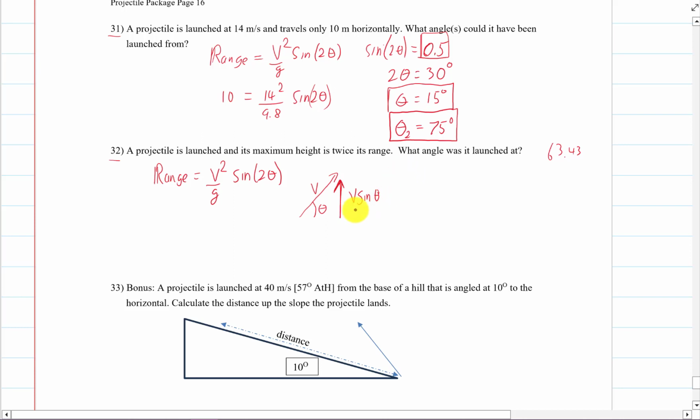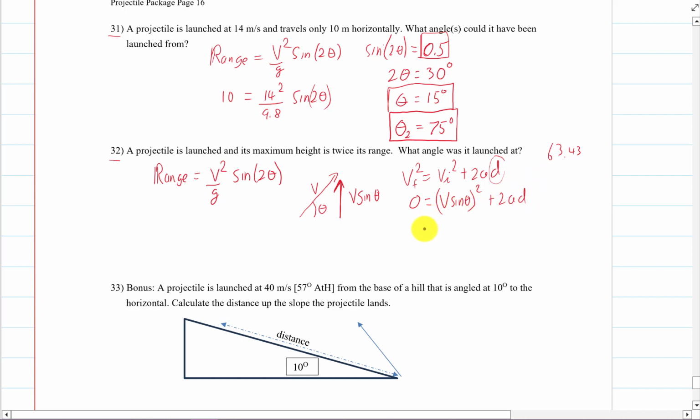Okay, so there's a few ways to do that. We can use v squared equals vi squared plus 2ad and get the height from there, given that's the initial speed, and when it's at its top, this is 0. So 0 is equal to vi squared, so that's v sine theta squared plus 2ad.